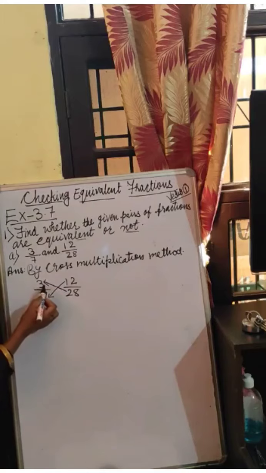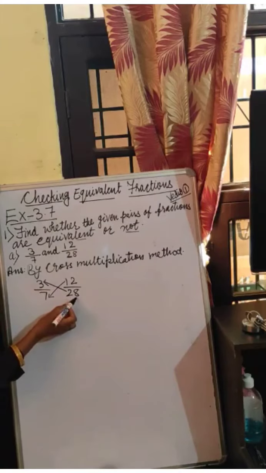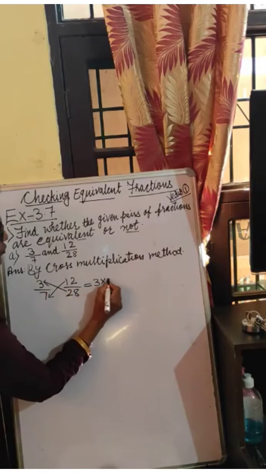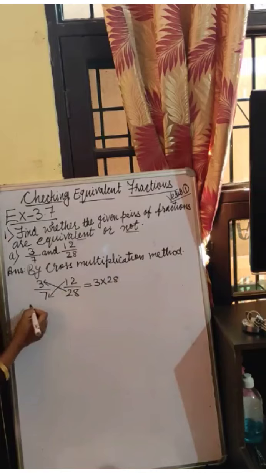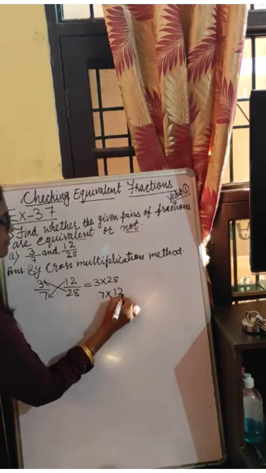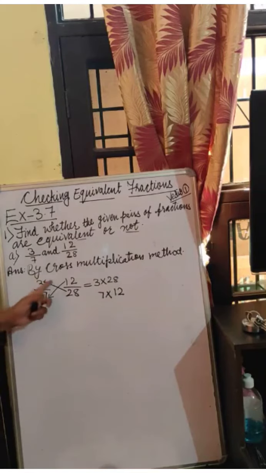So numerator is multiplied to the denominator and denominator to the numerator, vice versa. So we will do 3 into 28 and 7 into 12. These are the two multiplication statements we got from this cross multiplication.